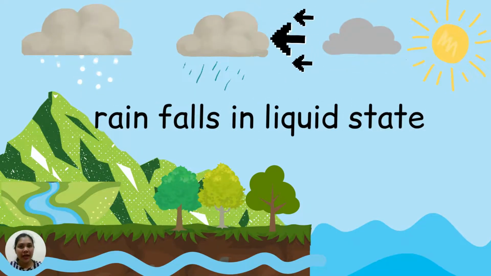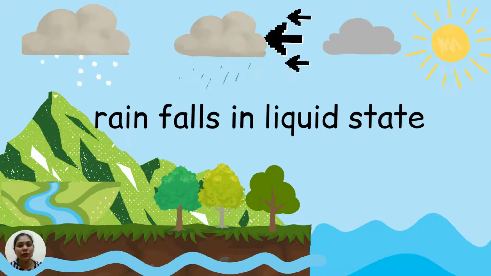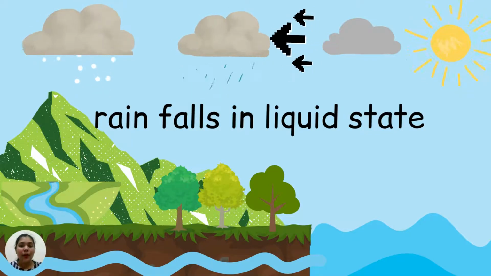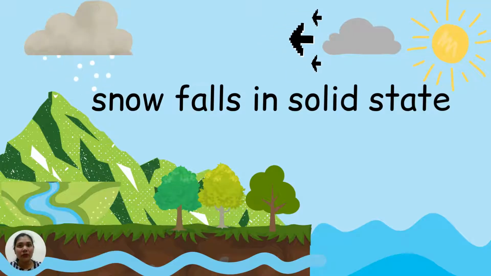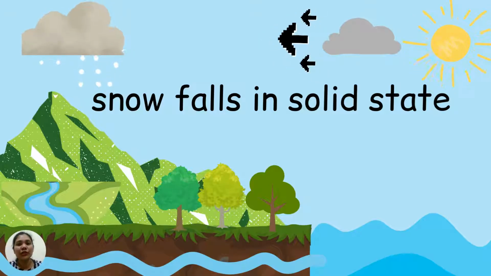Most of the time, rain falls onto oceans, rivers, and lakes. Rain falls in liquid state, whereas snow falls in solid form.